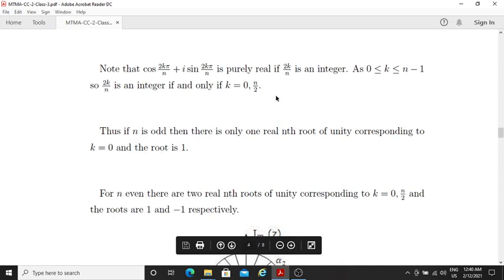Because if n/2 is an integer, then this will be some multiple of π, sine of some multiple of π is 0. But cos of some multiple of π will be minus 1, because cos π is minus 1. Okay, all right.